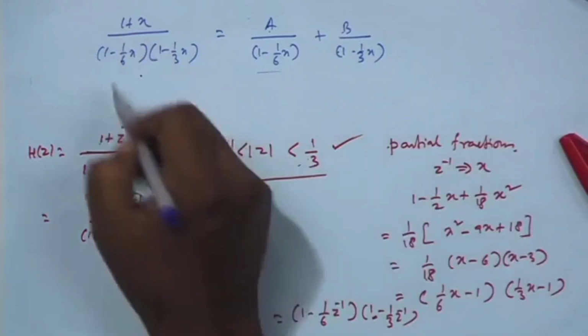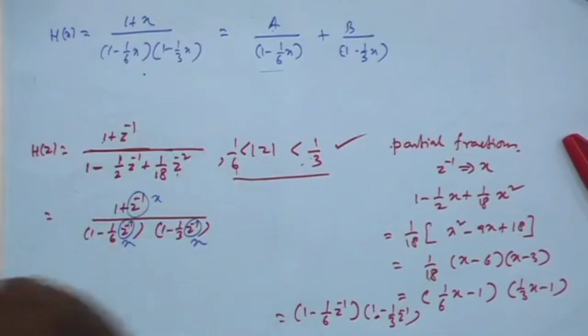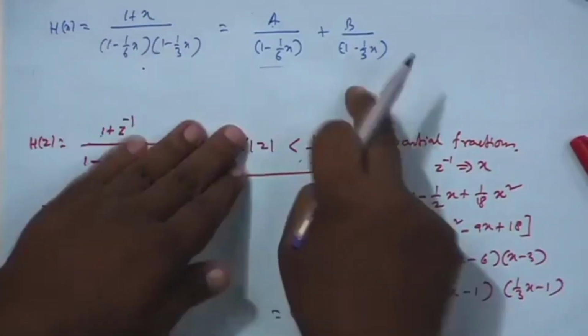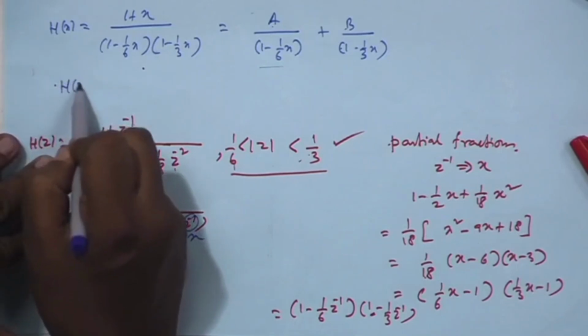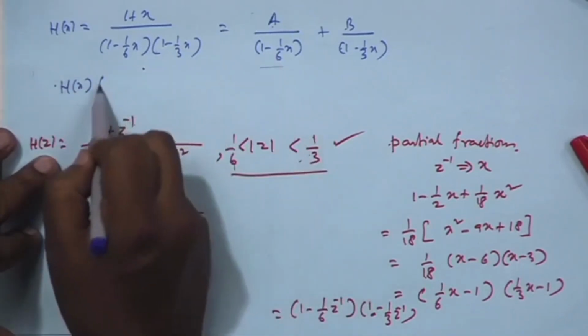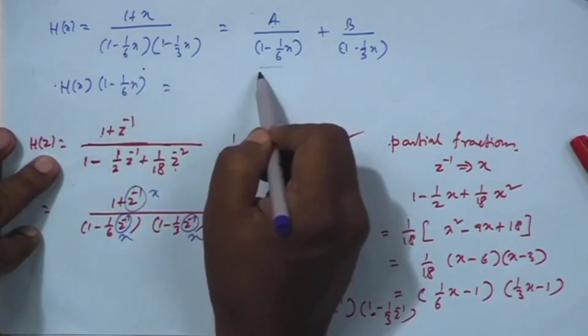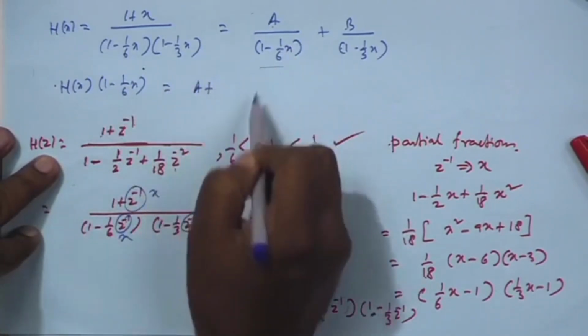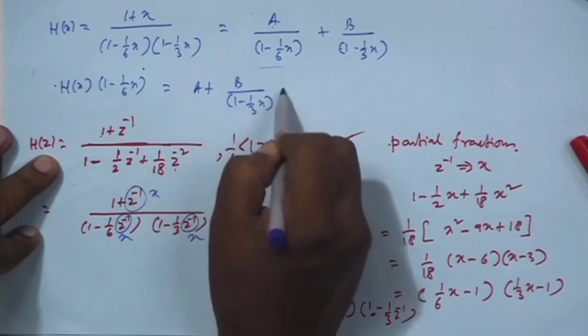To obtain A, this is your H(x), right. You multiply left hand side and right hand side by this factor, 1 minus 6x. Left hand side becomes H(x) times (1 minus 6x); on the right hand side this cancels, leaving A plus B into (1 minus 6x) divided by (1 minus 1 by 3 x).